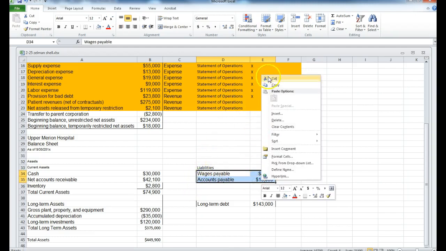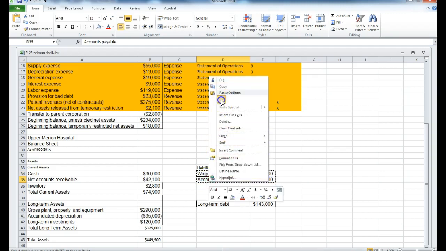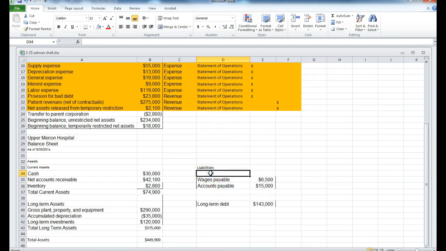So we need to do our current liabilities, and then long-term debt. Since it's by itself, we don't need to put a label there, but here's total long-term liabilities or non-current liabilities. It's 143.